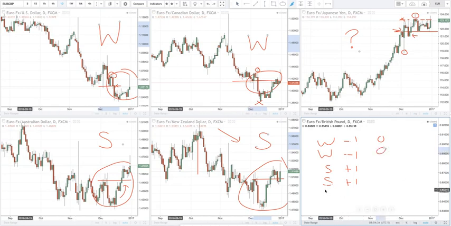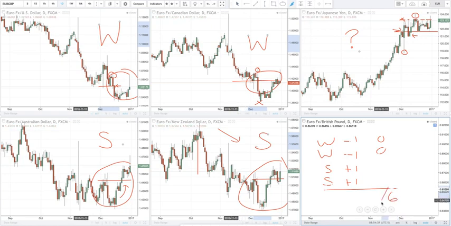So in total there are 6 possibilities, and out of 6, what's our score? -1, -1 is -2. -2 plus 1 is -1. -1 plus 1 is 0. Basically, there is no flow in the market. It's not telling you a definite direction, which means euro is not a pair of interest. Keep that in mind. Let's do another example.